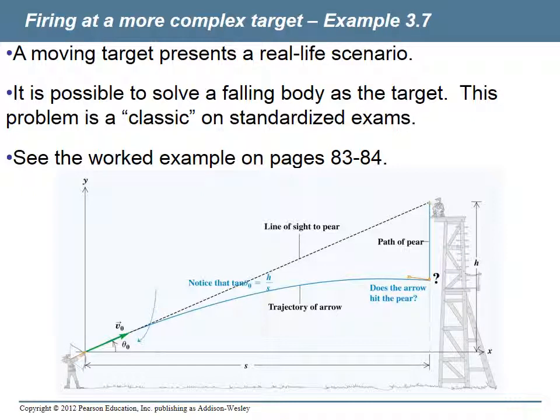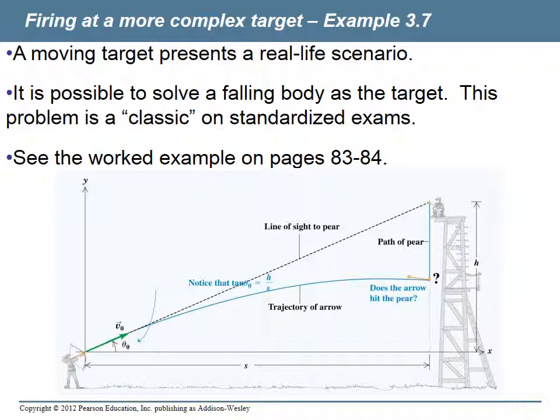And so what happens is that if there was no acceleration, this arrow would go exactly like this. But because there is acceleration due to gravity, the arrow actually moves like this. And the amount that it moves down, this difference right here between where the arrow would have gone and where the arrow actually goes, is the same exact distance that the apple or the pear has dropped.